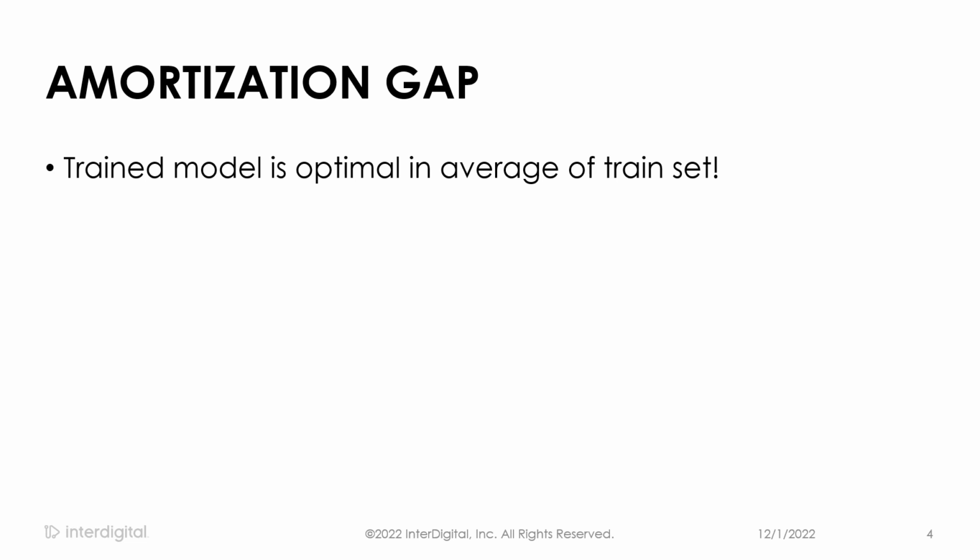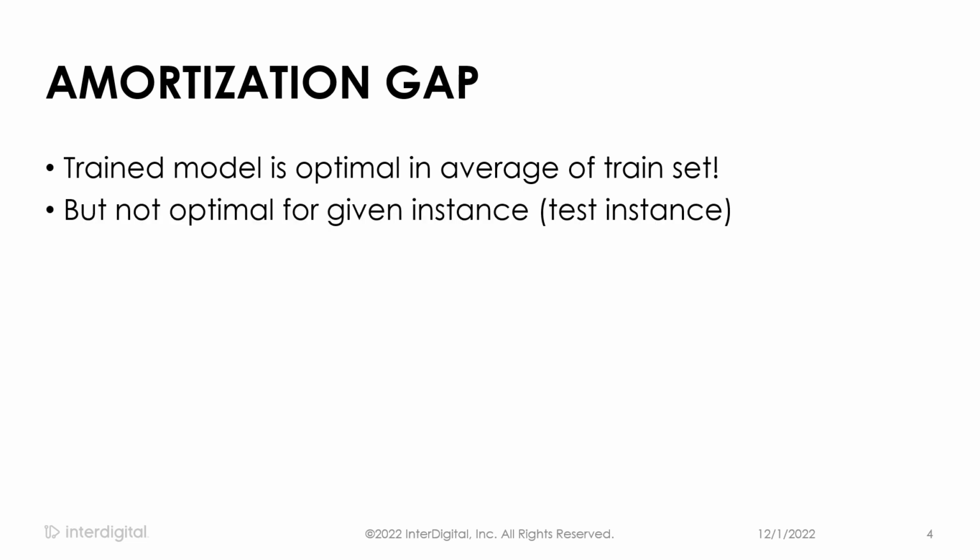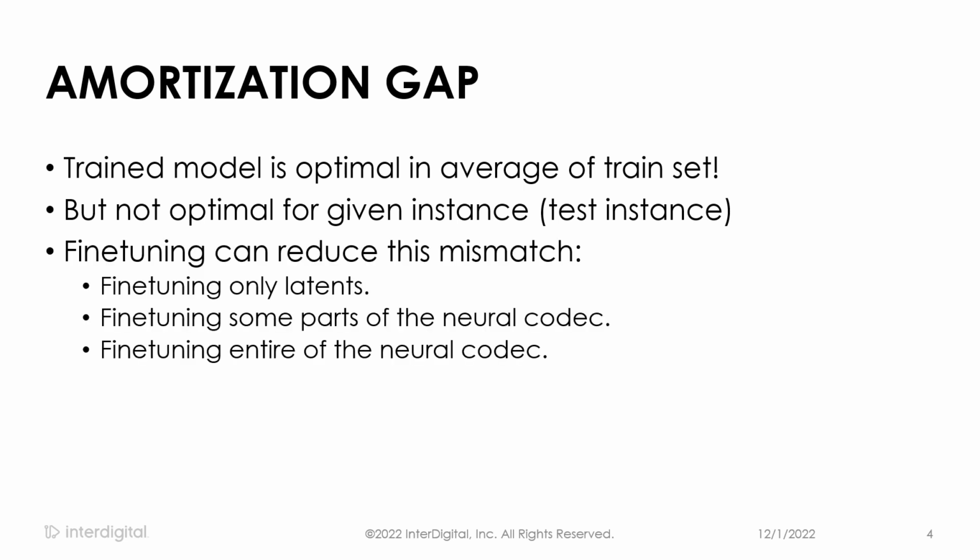Since neural codec is a machine learning model, it suffers from amortization gap, as is the case for all ML models. The amortization gap exists because the model is optimal on average over the train set, but not for a given single test instance. In order to solve this problem, there are many fine-tuning solutions in the literature.